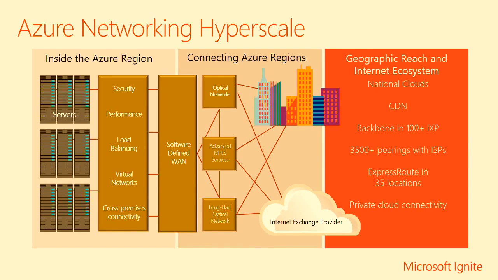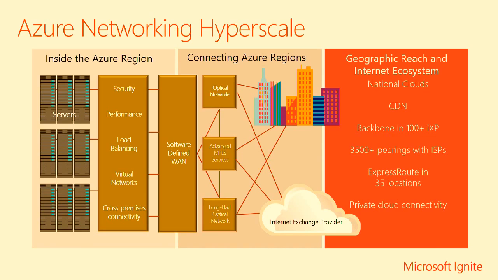So you have load balancers to scale up your workload, and then virtual networks basically to provide isolation between tenant networks, and the other thing is to provide the cross-premises connectivity, and all these things are defined over the software. So you go to the Azure portal or you go to PowerShell, and you could create your own network. You can segment it into multiple subnets, and you can define security policies within seconds.